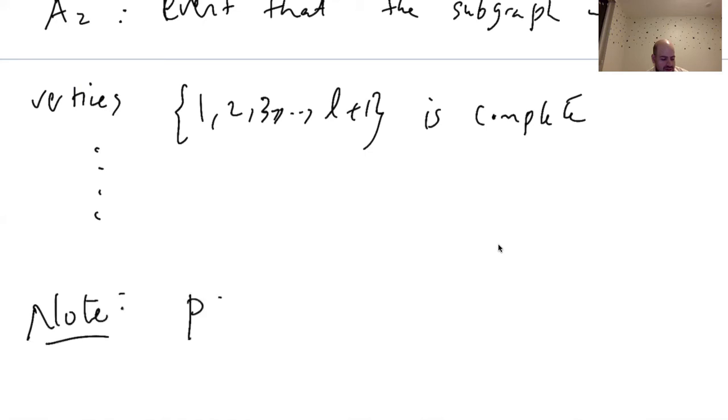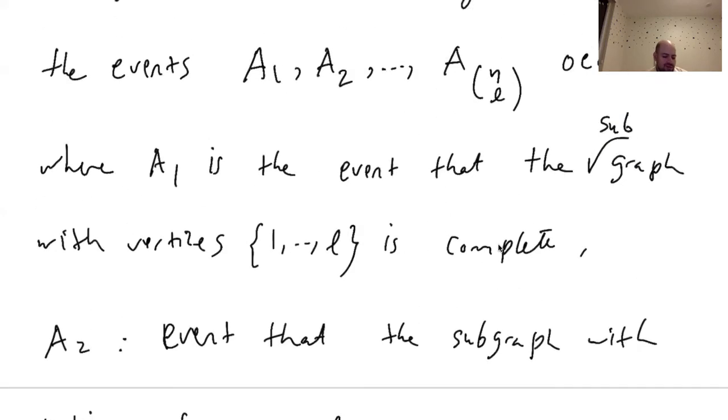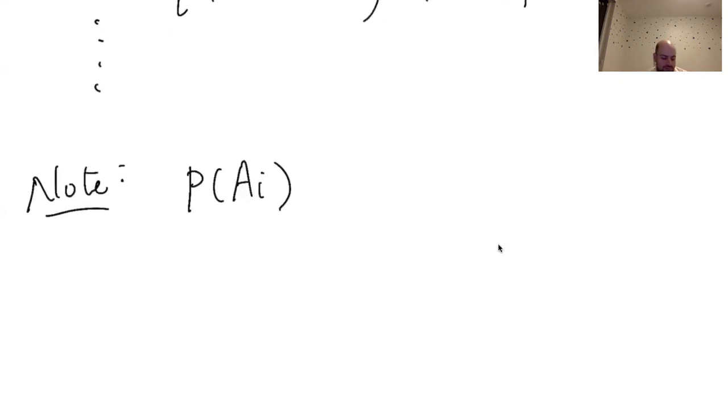Okay, so note how much is P of each of these events. Let's say, for example, again, A1, the event that the subgraph with vertices 1 to L is complete. How much is the probability that A1 occurs?